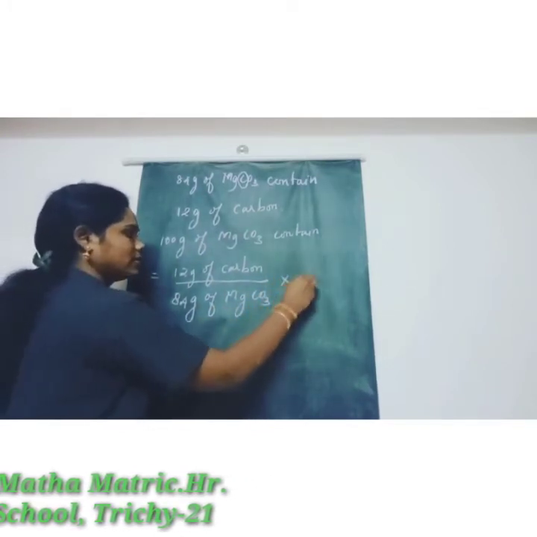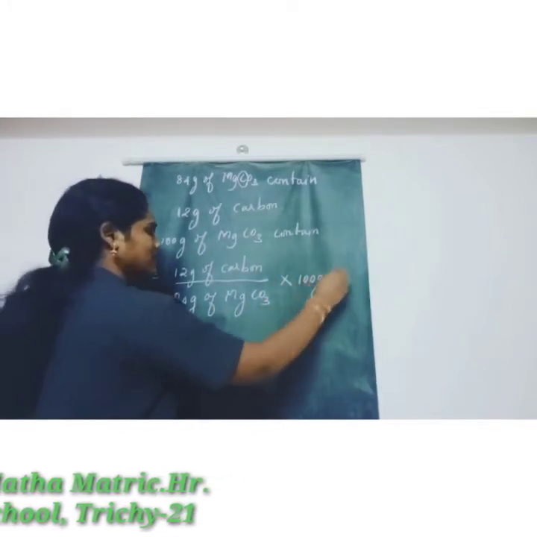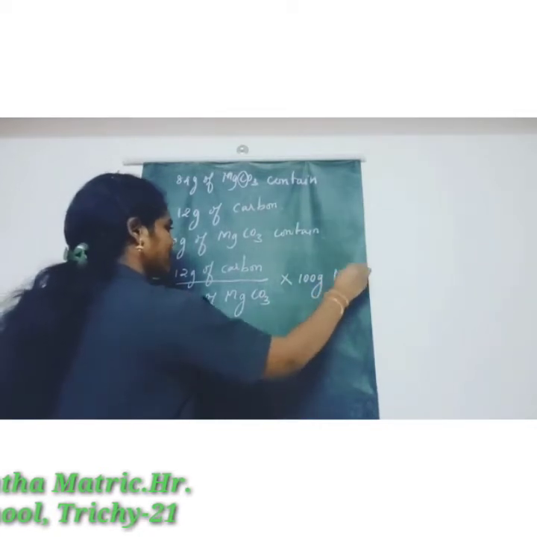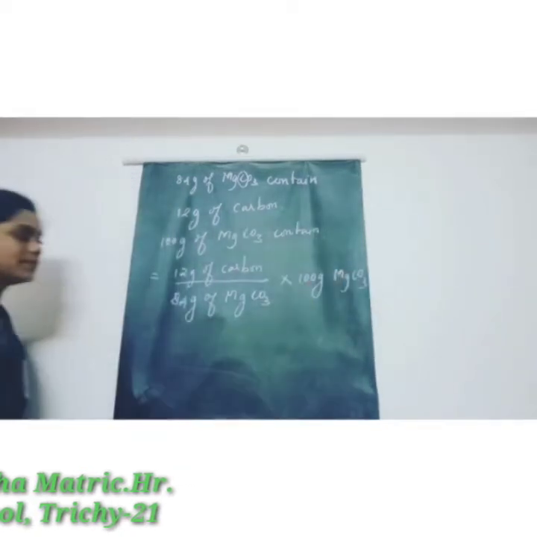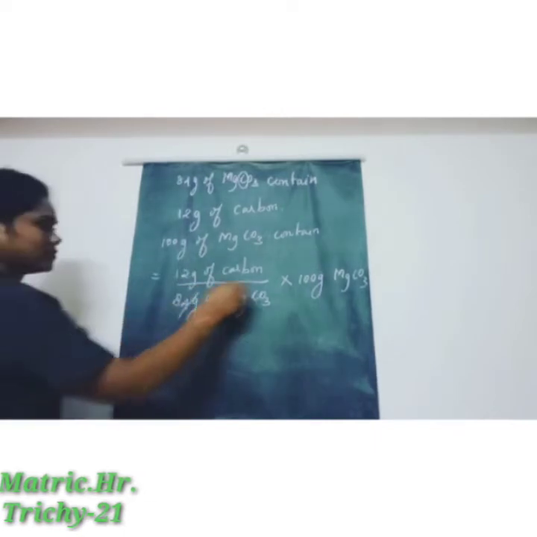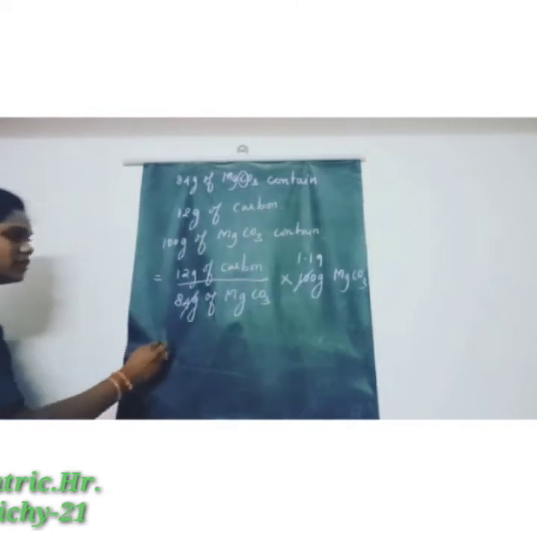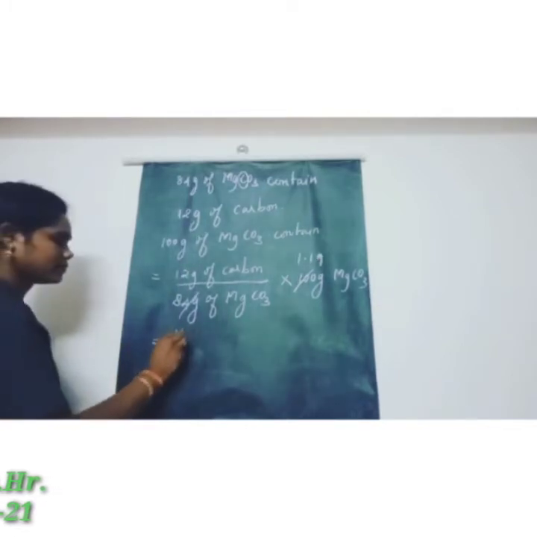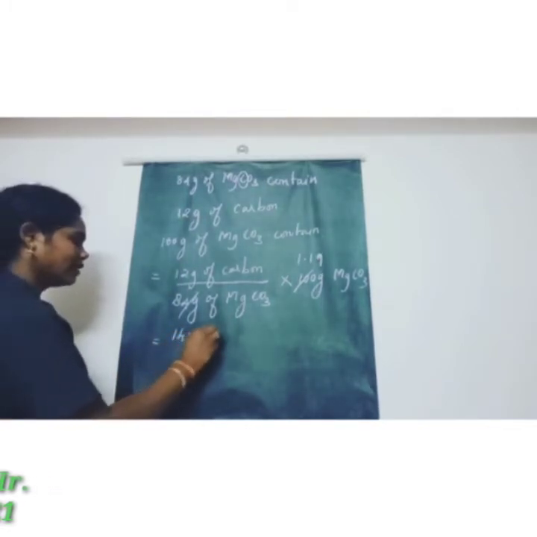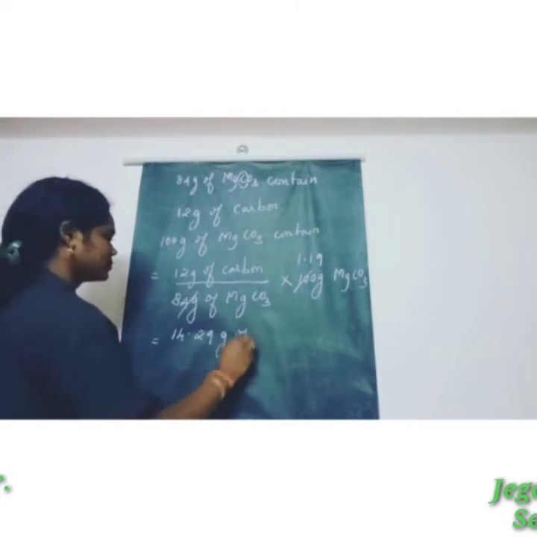Cancelling 84 and 100, that is 1.19. Multiply 12 into 1.19, we get 14.29 gram of carbon.